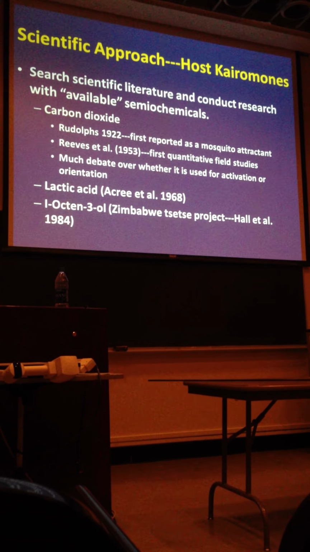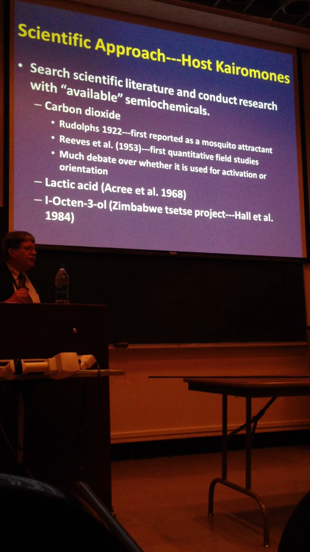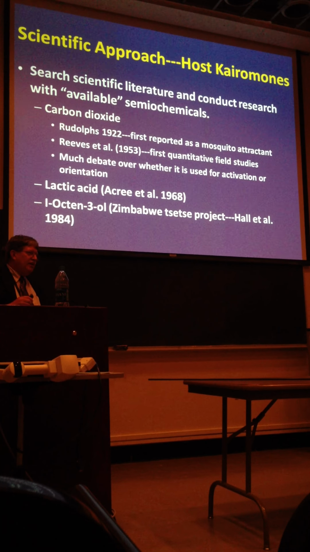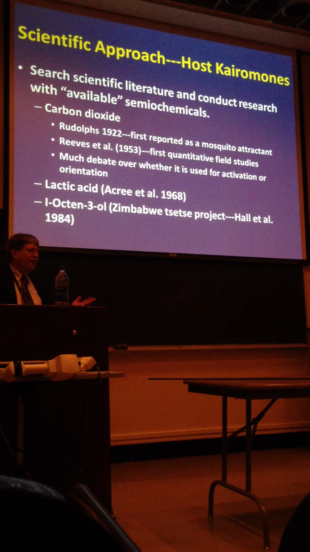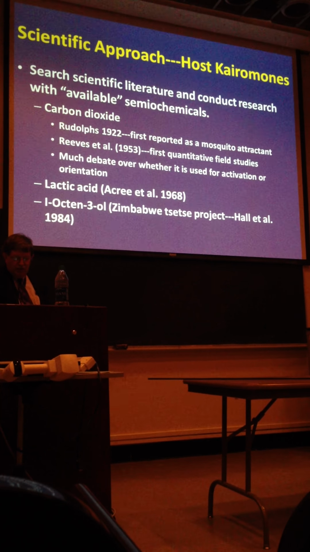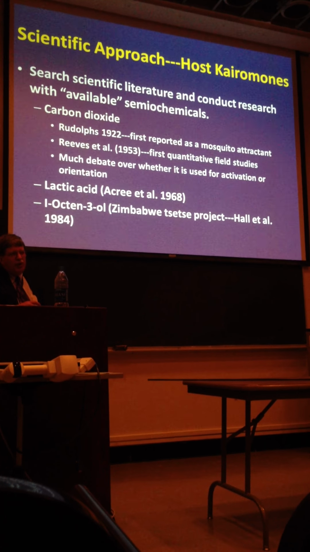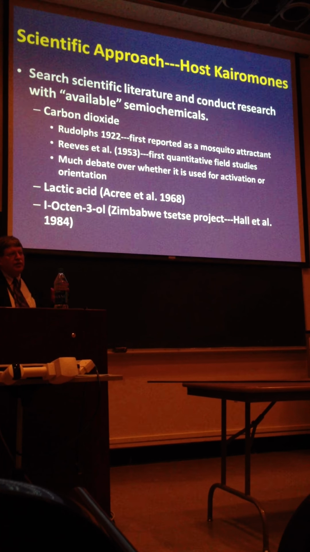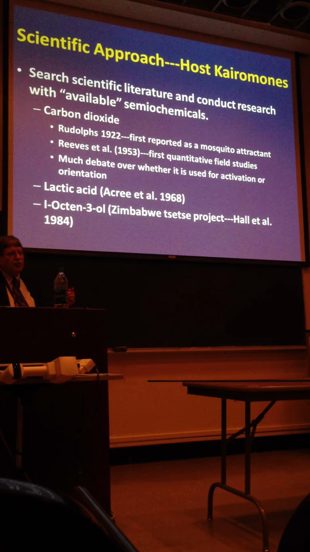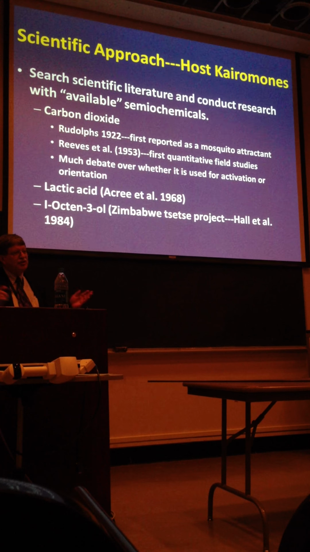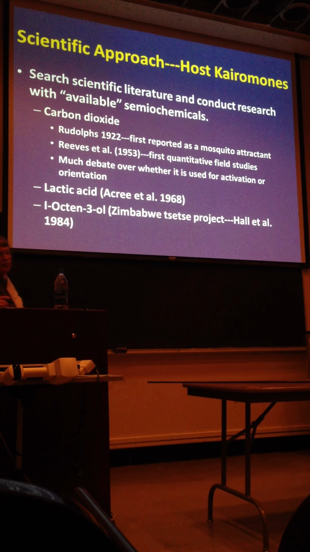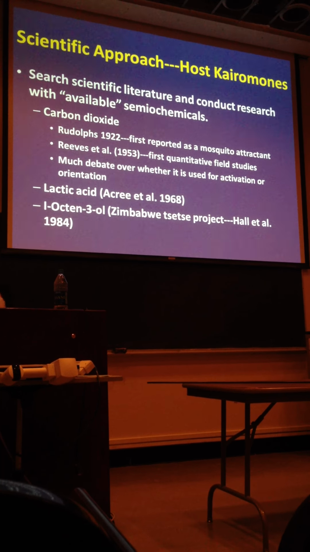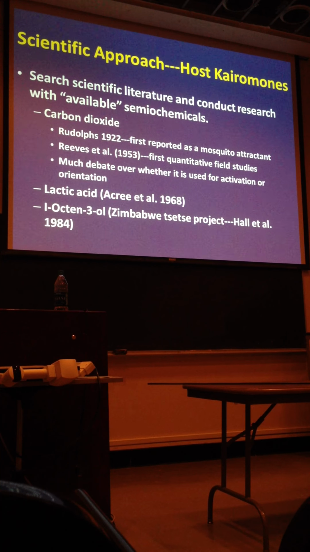So with the scientific approach, when we first got into this, we wanted to see what was known in the literature about semiochemicals and pheromones with mosquitoes. As important as I think they are, it was really surprising that carbon dioxide was probably the only semiochemical, and some people challenge the word semiochemical for it, that was widely utilized by mosquito people.